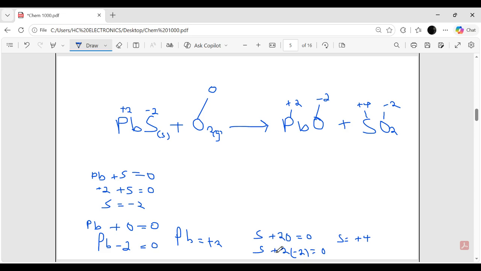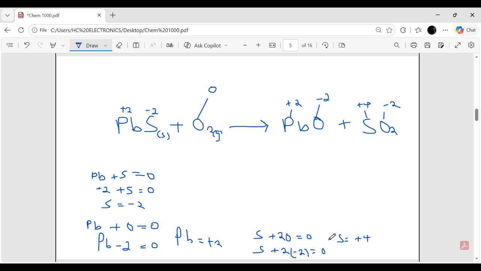Then S plus 2, then open brackets, oxygen is what? It's negative 2. As long as it's not a peroxide, and this one is sulfur dioxide, so it's not a peroxide. So it's going to be plus 2, open brackets, negative 2. Then close, it's going to be equal to 0. Then your sulfur is going to be equal to plus 4, because here it will be negative 2.